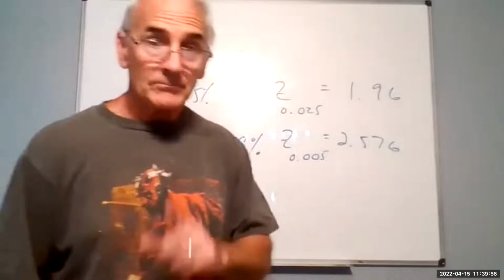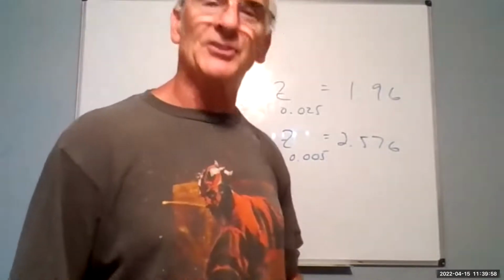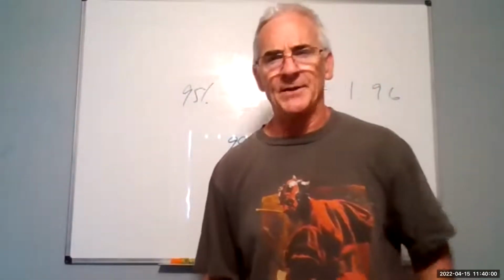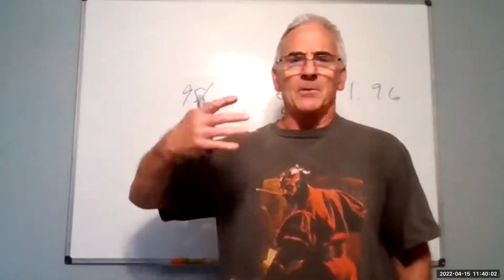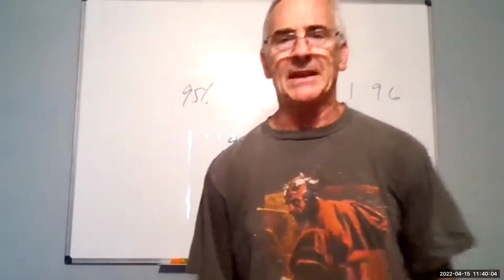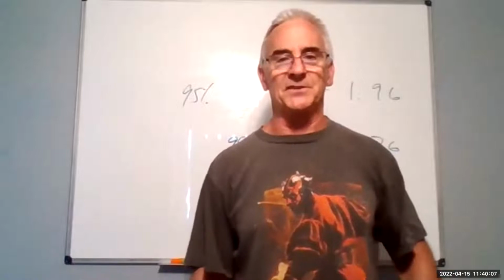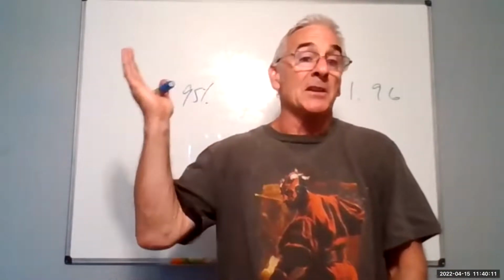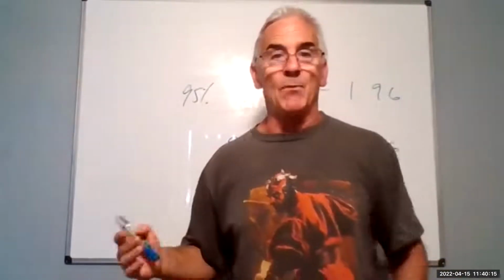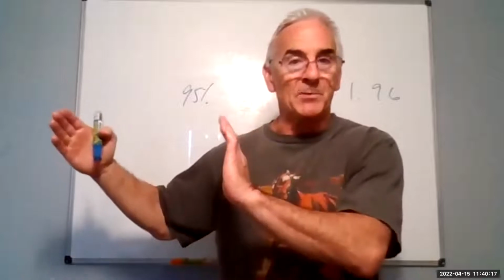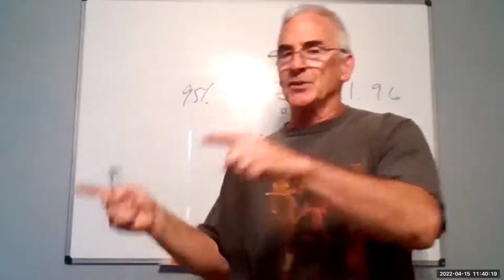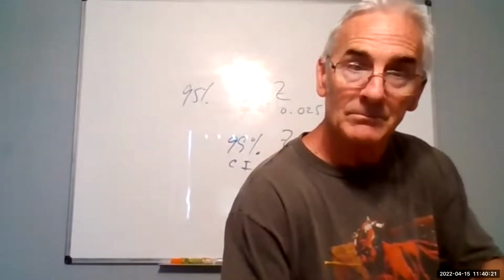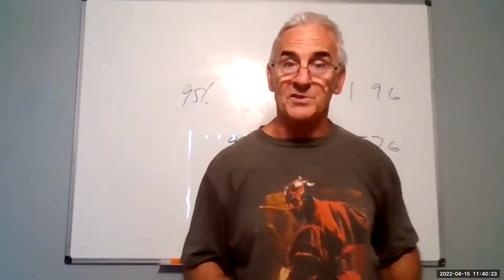What you would have to look up, if I said just for fun, I'm going to start my own company, and I'm going to make everybody take some form of a placement test. And I want to hire everybody who scored in the top, just pick a number, the top 2%, the top 10%, the top 20%. I would have to go and look that up in the table and figure out what Z-score it corresponds to.